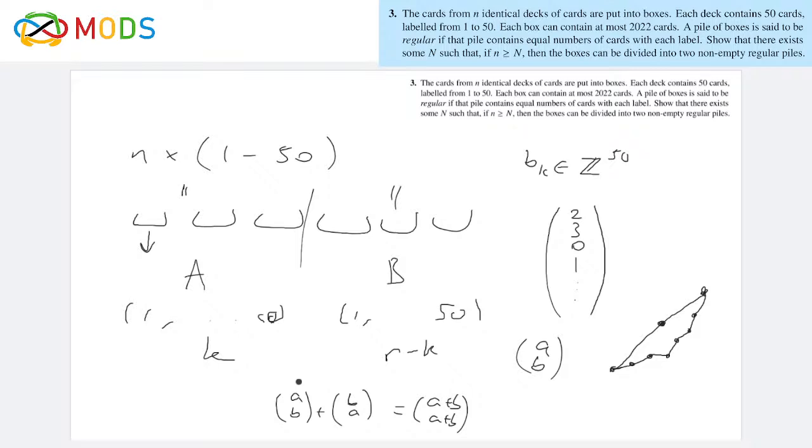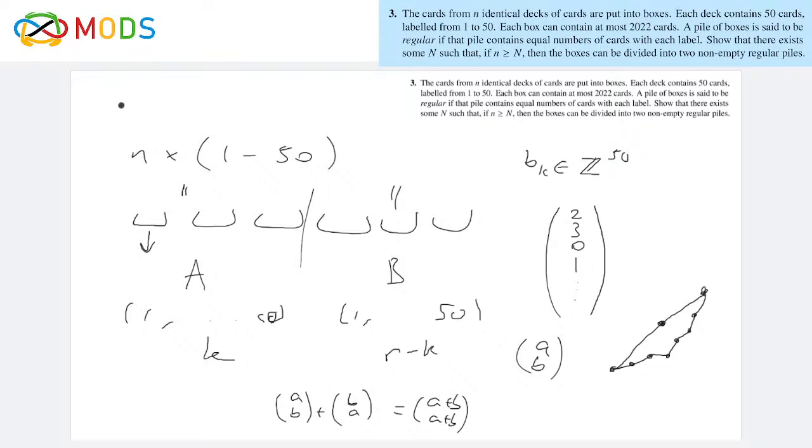If 2 to the n subsets, okay. It's time to try more small cases.